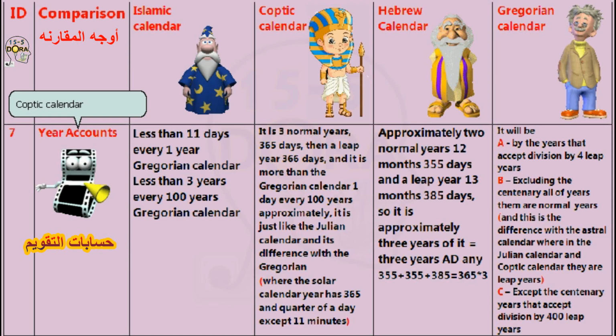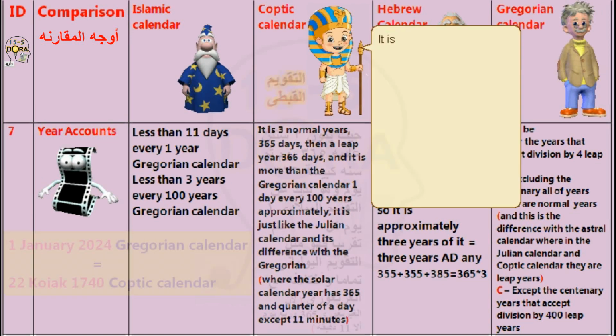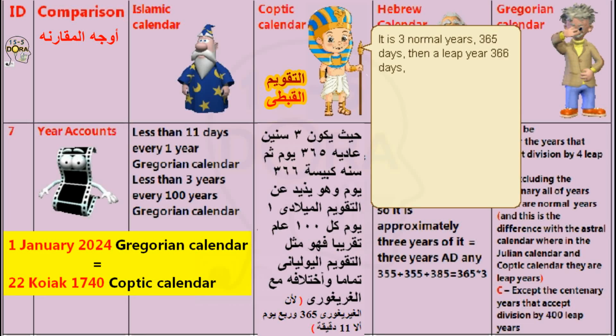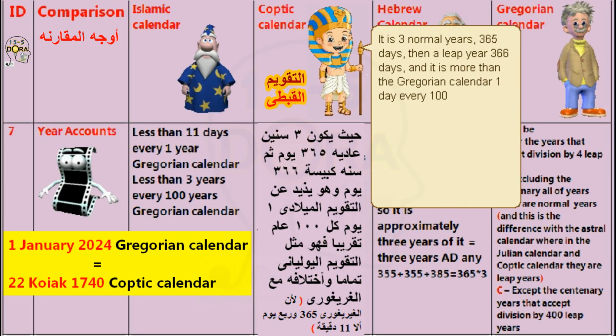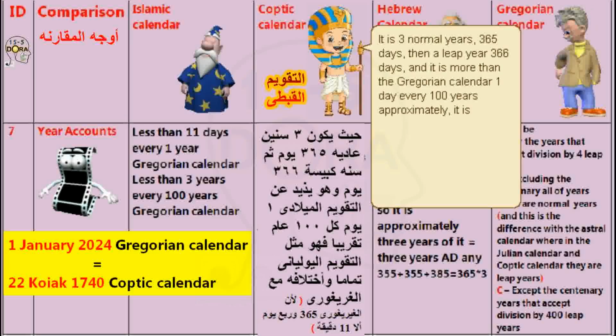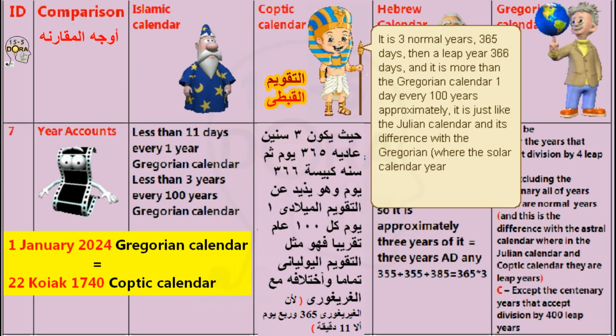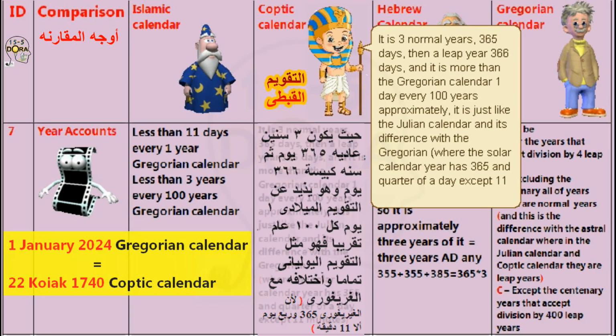Coptic calendar: it is 3 normal years of 365 days, then a leap year of 366 days, and it is ahead of the Gregorian calendar by approximately 1 day every 100 years. It is just like the Julian calendar and differs from the Gregorian, where the solar year has 365 and a quarter of a day except 11 minutes.